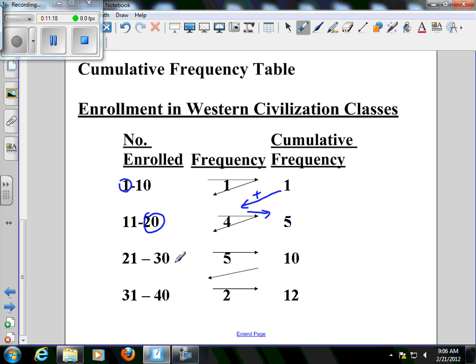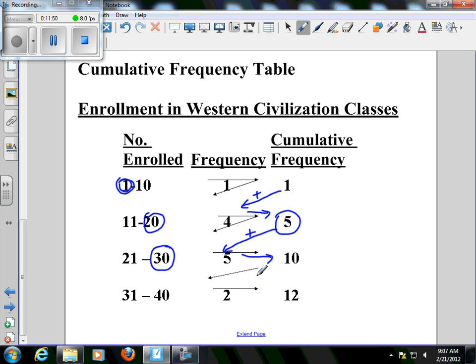5 classes had between 21 and 30 students enrolled. So we're going to add our previous number of 5 to the current number of 5 in the 21 to 30 category, which gives us 10. So you can say we had, I'm sorry, 10 classes that fell between 1 and 30 in enrollment.